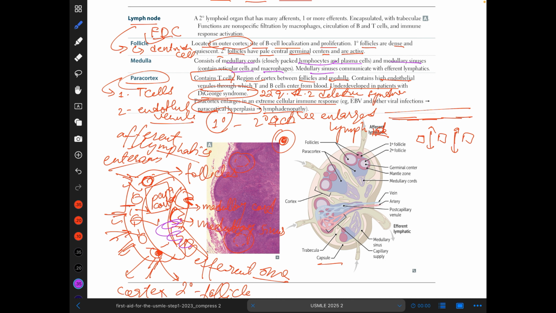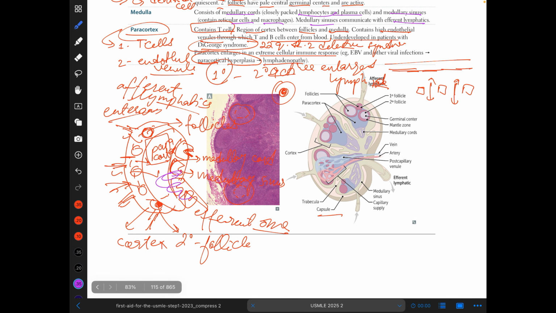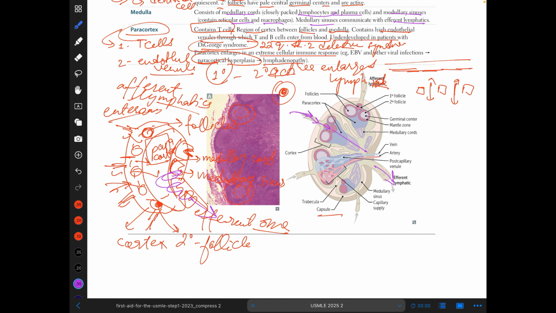The medullary sinuses communicate with the efferent lymphatics, the exit pathway. Through the afferent lymphatics, the lymph goes toward the follicles, follicle to paracortex, paracortex to medulla. Fine.